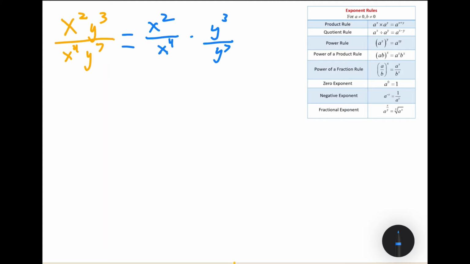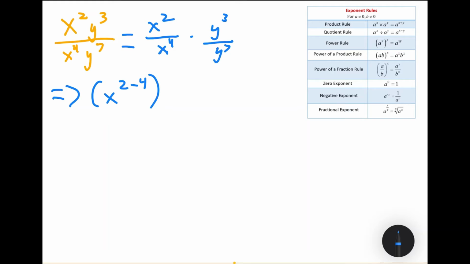So x squared divided by x to the fourth power, that now turns into x raised to the 2 minus 4 power. And I just simply used the quotient rule. I took x to the second power divided by x to the fourth power equal to now x raised to the 2 minus 4 power.